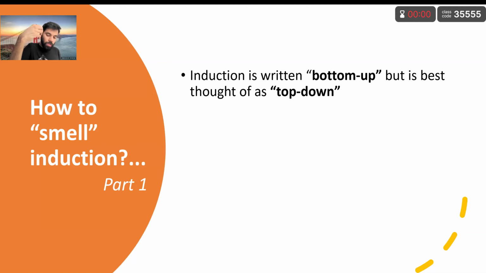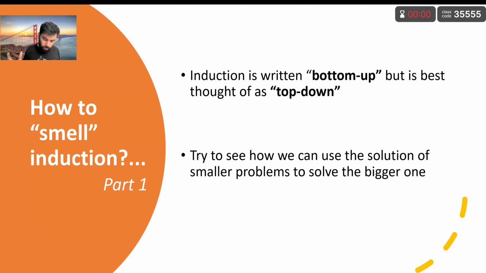But it's good to keep in mind that when you are thinking about induction, the best thing to do is to imagine, okay, I want to solve this problem for n, for any integer n. Let me assume I have these solutions for the smaller problems. How can I patch them together to create a bigger solution? This is the way to smell induction.